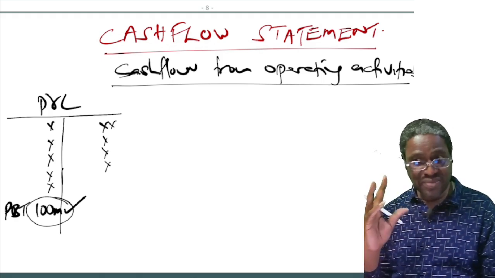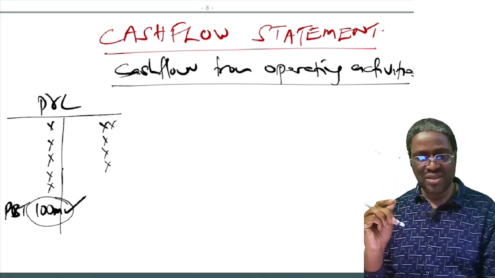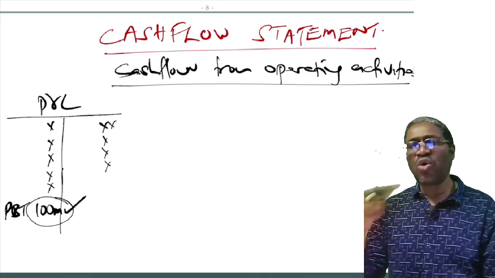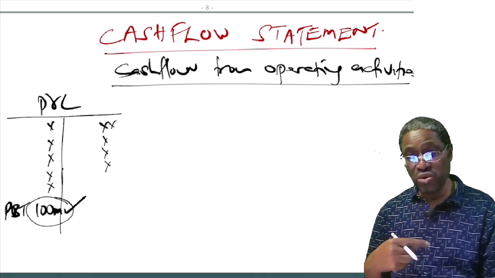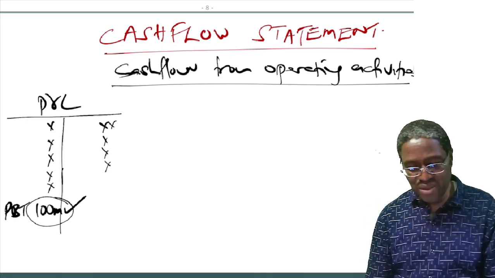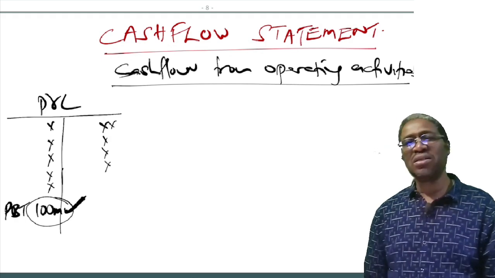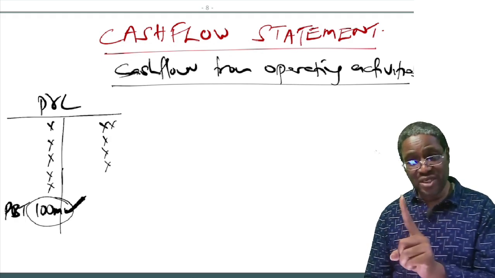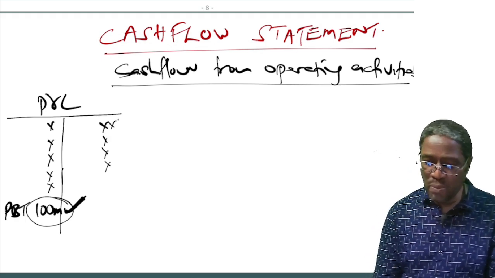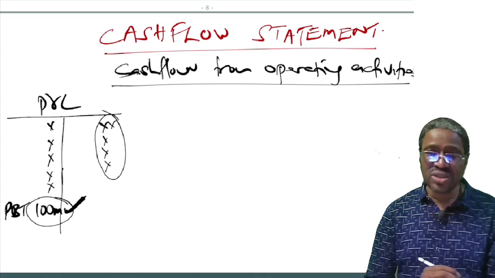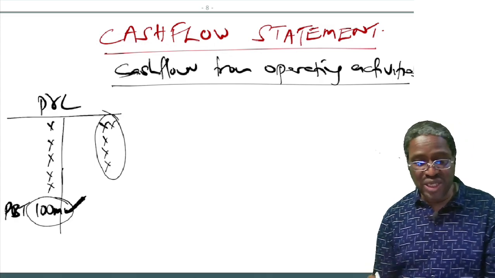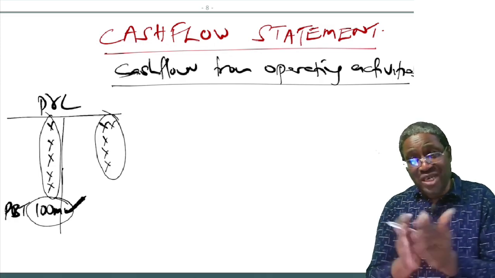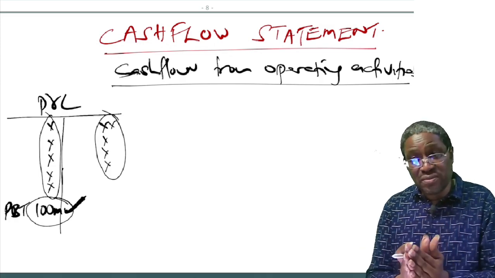Now listen. In principle, we could conclude that this 100 million represents the net cash inflow from operating. Why? Because you have already compared the incomes on the credit side and the expenses on the debit side, and you've got the difference of 100 million.